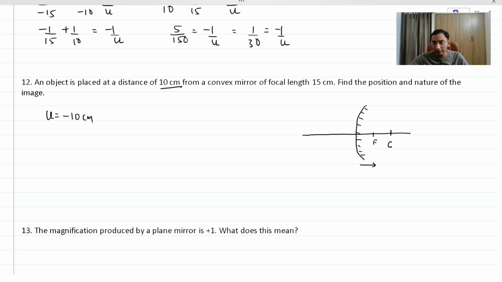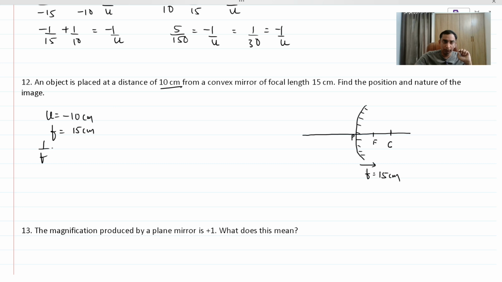So this is the pole, and the focal length is going to be on the right hand side. That means the focal length is positive, 15 centimeters. So I'll take the convex mirror focal length as 15 centimeters, right? Find the position and the nature of the image. Please note, this is not a lens, this is a mirror.